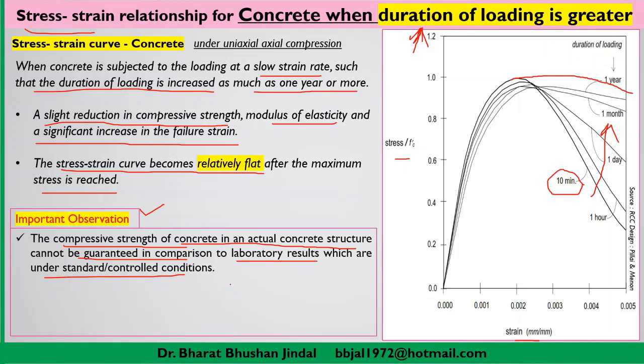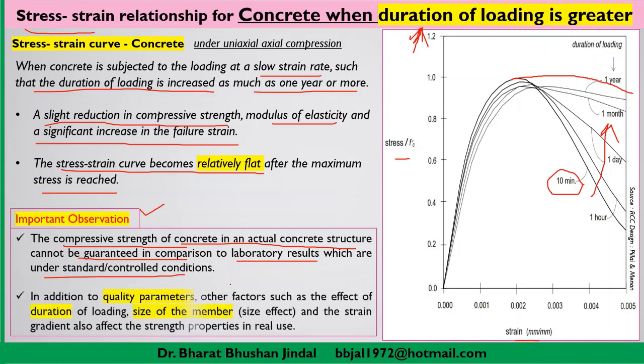So that means we have to do some alteration in this compressive strength, for which you have collected the information in the laboratory. Now, in addition to all quality parameters, whatever you adopt, other factors such as the effect of the duration of the loading, which we are discussing just now.